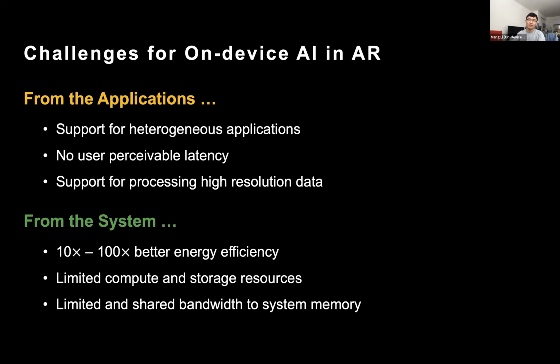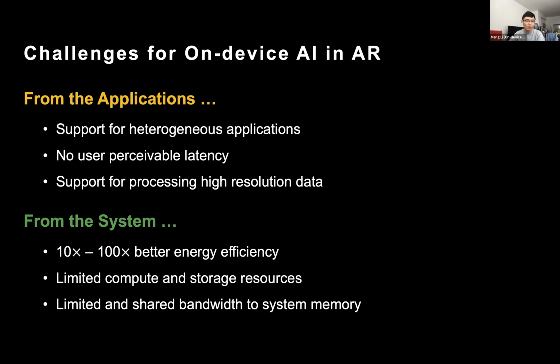So based on the description of all the AR applications, we now can summarize the challenges for on-device AI in AR, mainly from the following two aspects. First, from the application level, we need to support heterogeneous applications. And many of these applications require no user perceivable latency, for us to support processing high resolution input data like images or even videos.